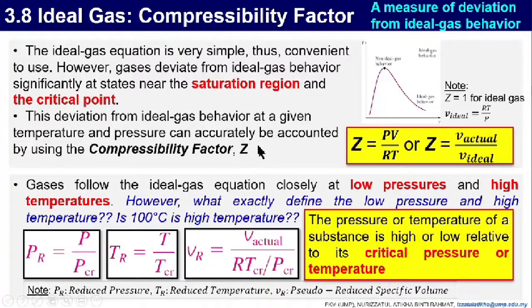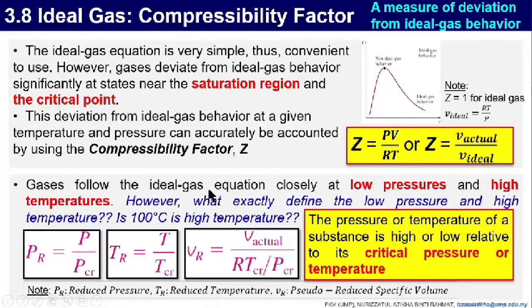The equation is used to calculate the deviation from ideal gas behavior from what the question gives you: Z equal to Pv over RT, or Z equal to v actual over v ideal.